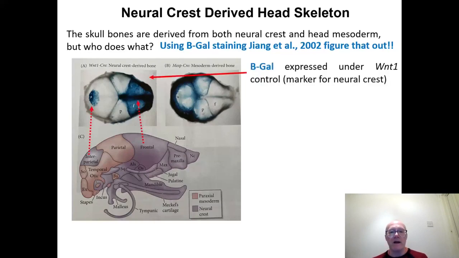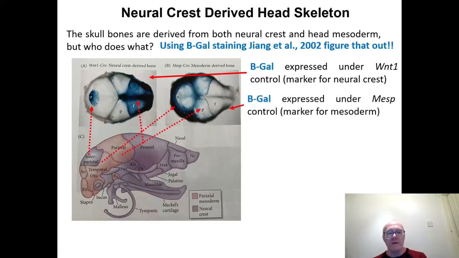They used beta-gal under the control of Wnt1, which is a marker for neural crest, and they stained the bones of a mouse embryo, and they found that the bones stained with the colorimetric reaction in blue were the frontal and the interparietal bones.